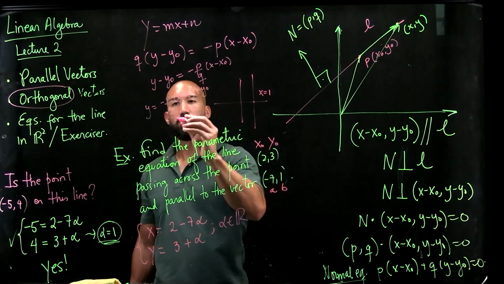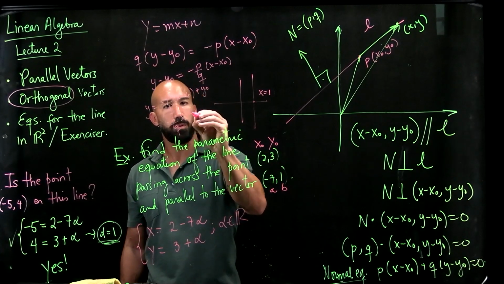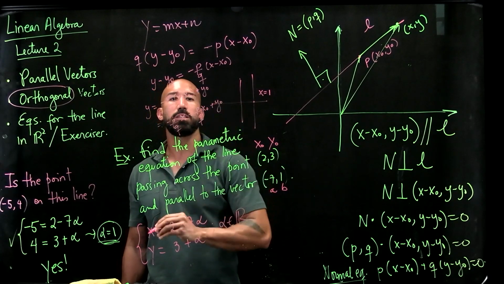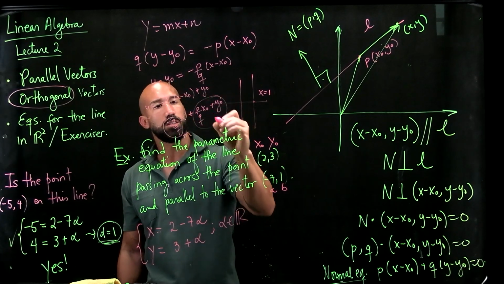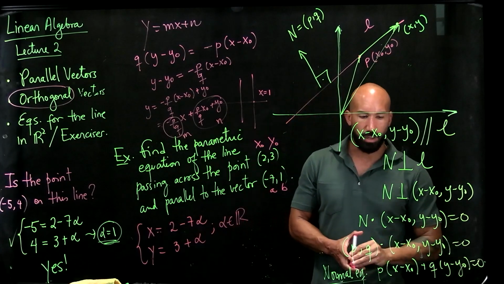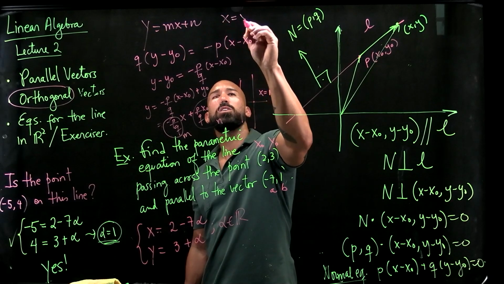Well, if you want, minus p over q x plus p over q x0 plus y0, if I call this m and I call this n, I have exactly the equation. Is that okay? So the equation of the line is this way or this way.